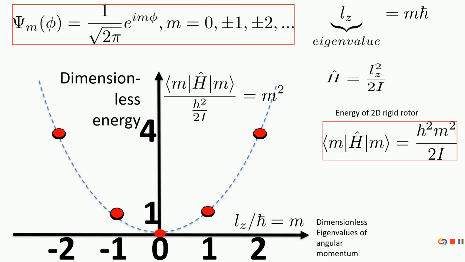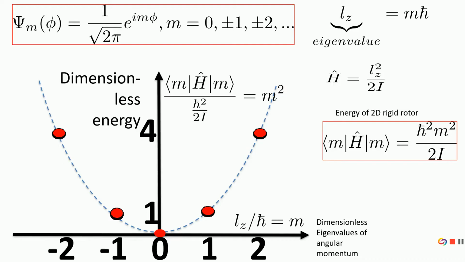But we can have the -1, -2 as well. And what is specific? What is interesting to focus at? That if it has quantum number of the same absolute value but different sign, the energy will be the same.